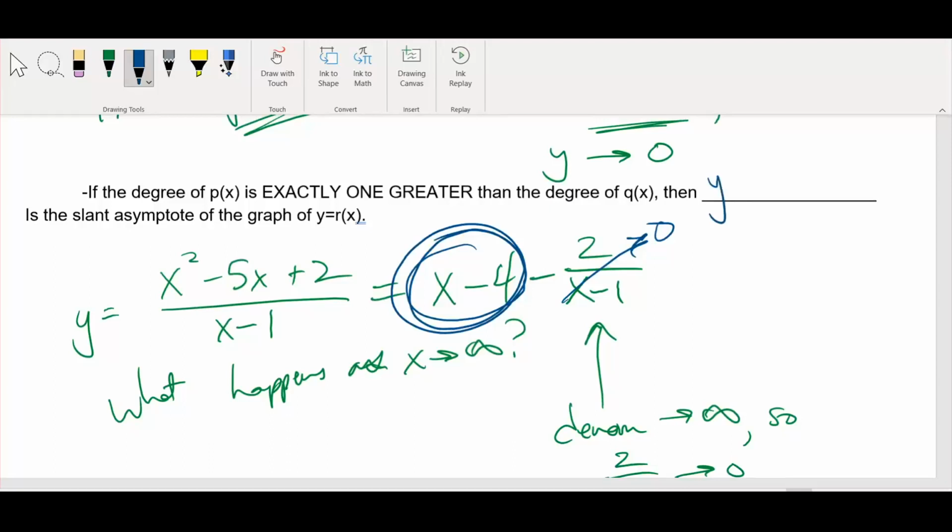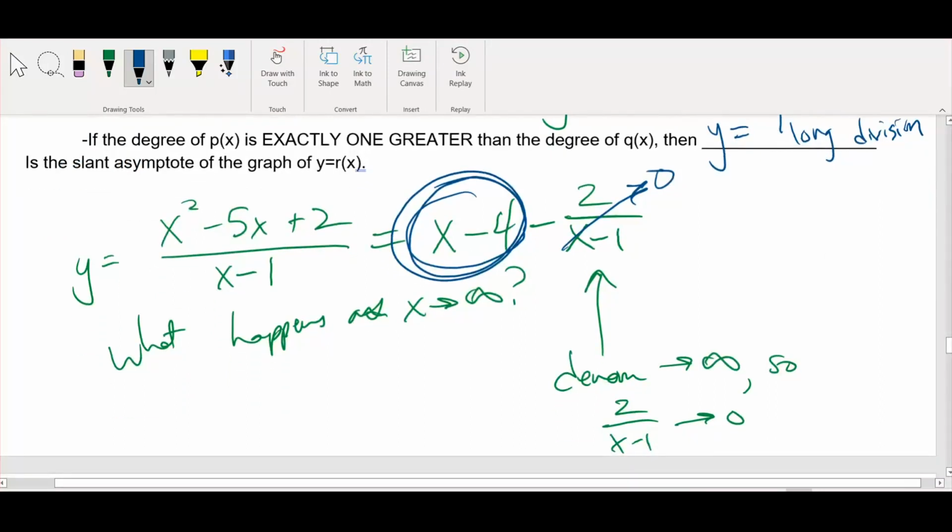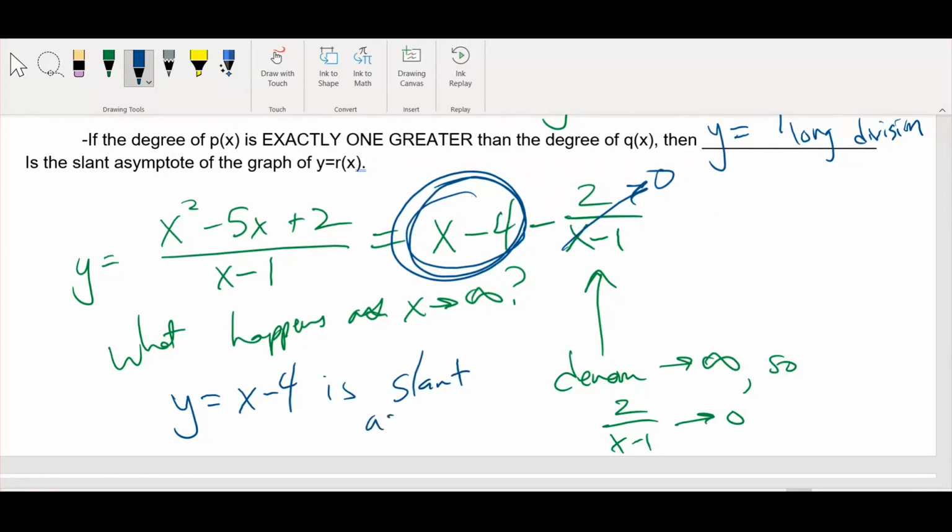Well, a way to write that would be, y equals the quotient after long division, and that is going to be a slant asymptote, right? It's not going to be a horizontal line. In this case here, we found that y equals x minus 4 is a slant asymptote.